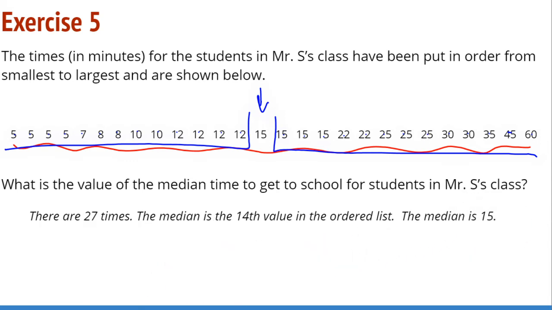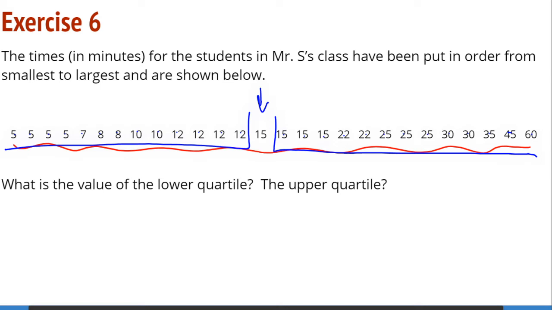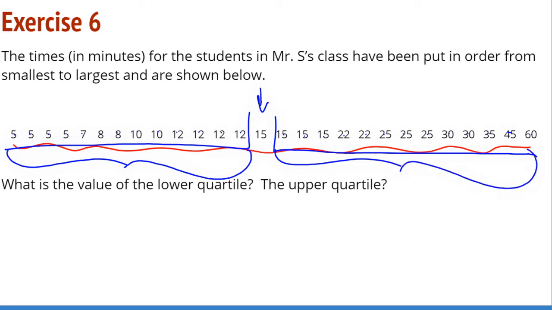of the data set. So what is the value of the lower quartile and the value of the upper quartile? Now remember, for quartiles, we look at the numbers that are lower than the median, and we look at the numbers that are above the median. The median of this lower set is quartile 1, and the median of the upper set is quartile 3.